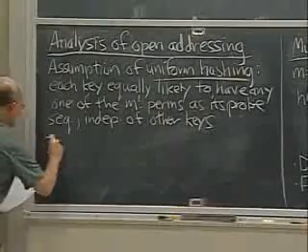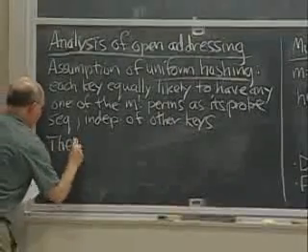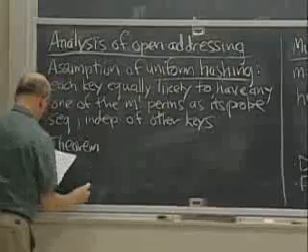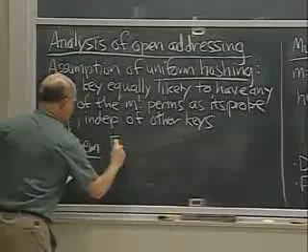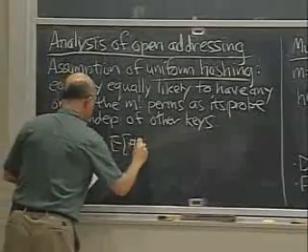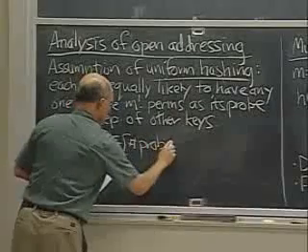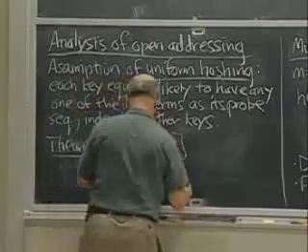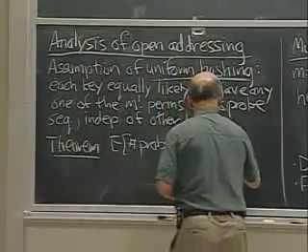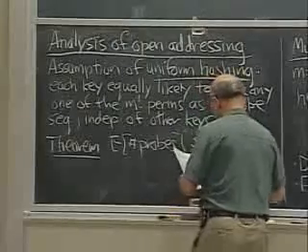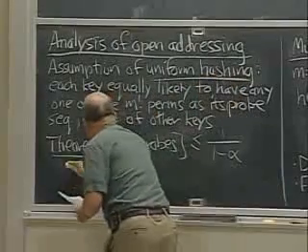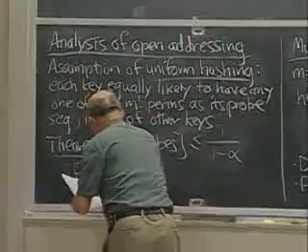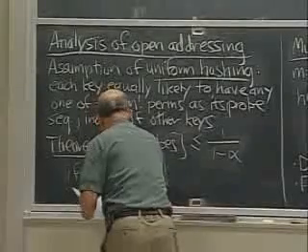And the theorem we're going to prove is that the expected number of probes is at most 1 over 1 minus alpha, if alpha is less than 1.